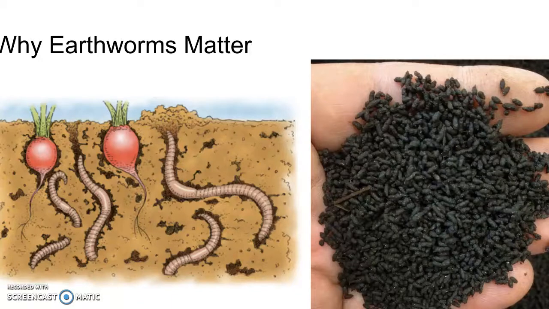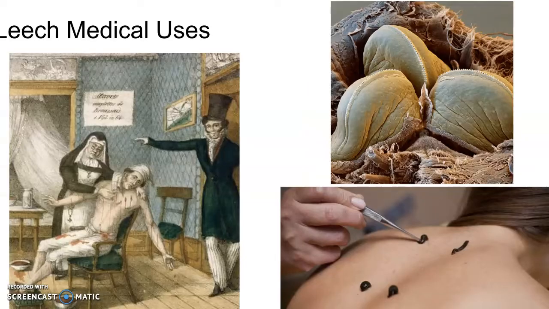Another interesting fact about segmented worms is leeches. Leeches, if you don't know, are parasitic. Here's an example of how these parasites can get into your skin. And here's the mouth of a leech. These little serrated areas are how they climb into you and then drink your blood.